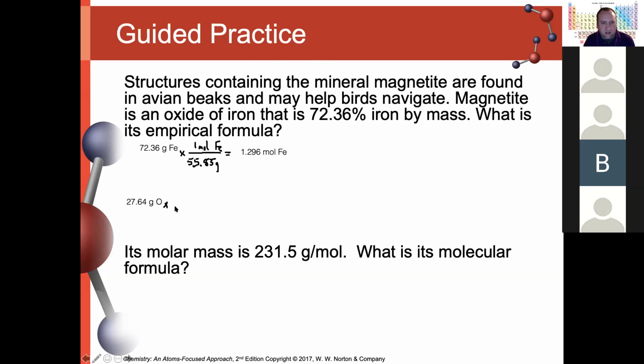For oxygen, again, 1 mole of oxygen is 16.00 grams.